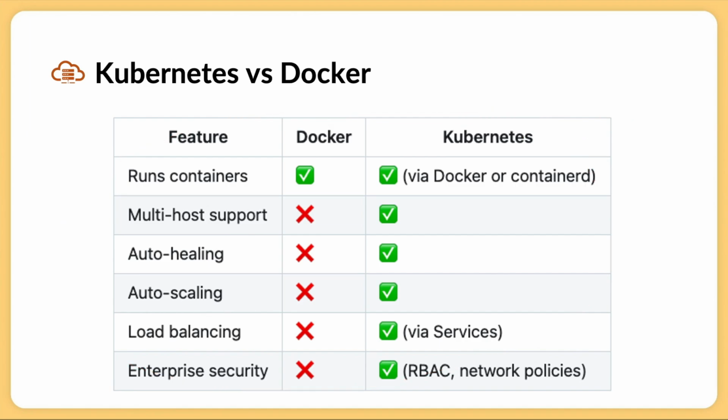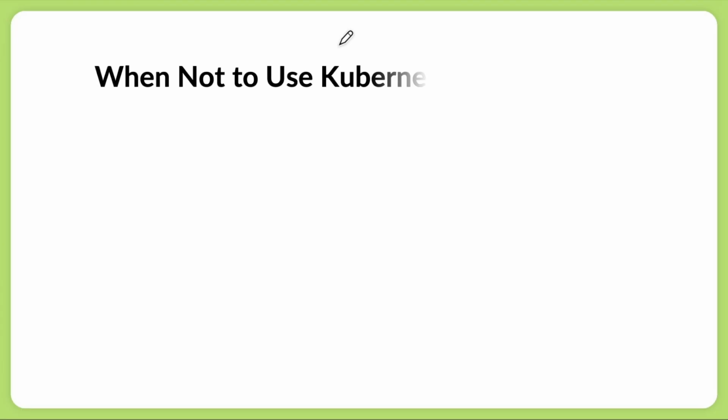As we know Kubernetes, does it mean we should be using Kubernetes all the time? No, Kubernetes is not designed for all use cases. So let's understand when you should not use Kubernetes. First is for a simple and small application.